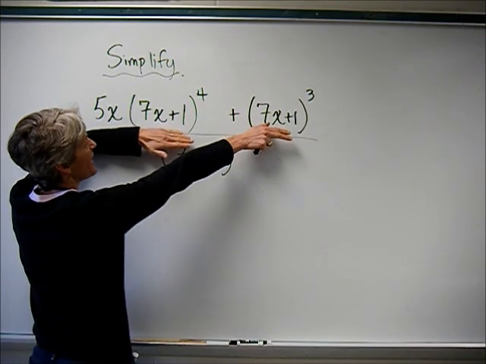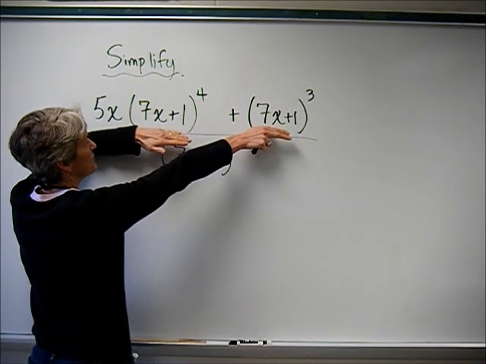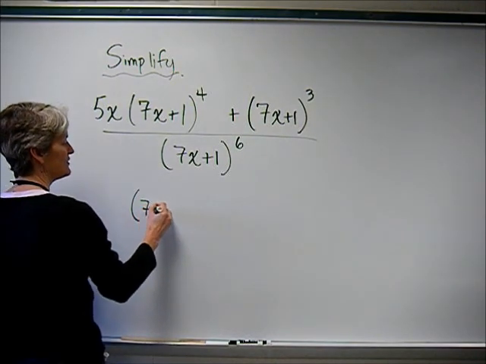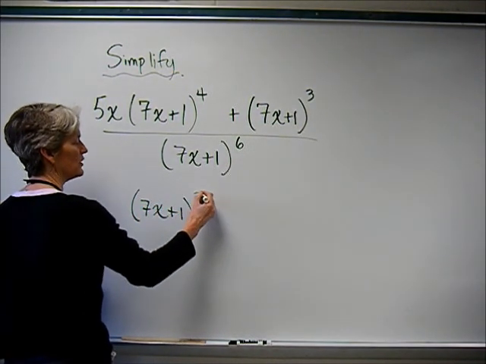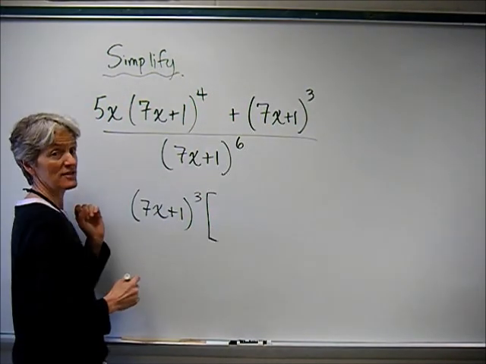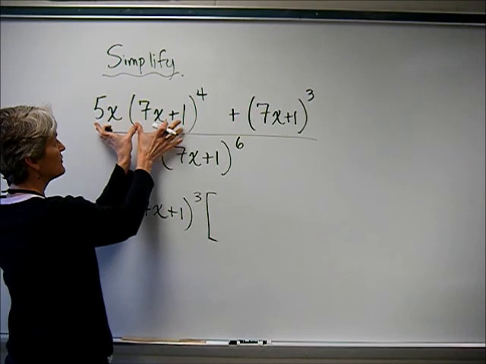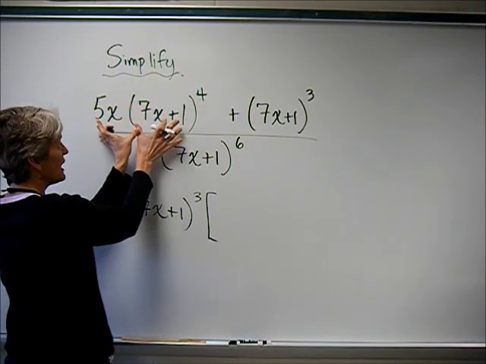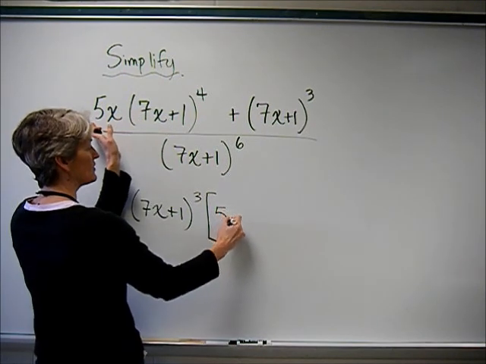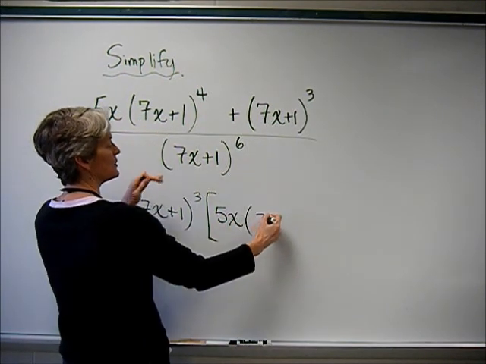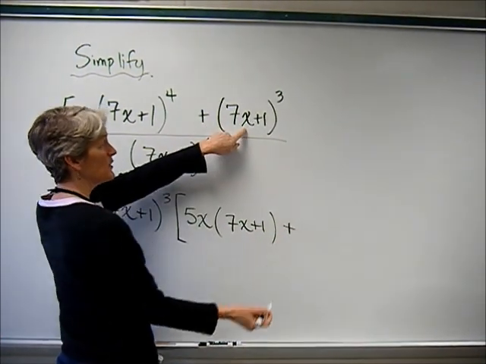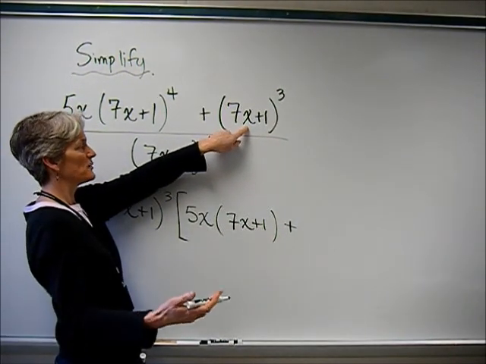Mr. Haas, what do those two terms have in common? I would say they both have a 7x plus 1 cubed. Yes, they do. So I'm factoring that out, using the big brackets that you used as well. What I have left in the first term, after I divide out the 7x plus 1 cubed, is just this 5x times the 7x plus 1, plus... What do I have left here if I divide out a 7x plus 1?